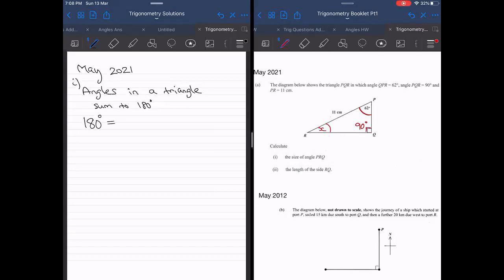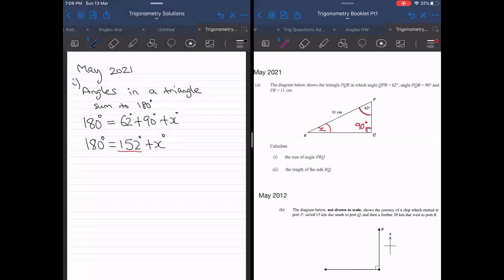So 180 degrees should be 62 plus 90 plus what we're looking for. All right, so 180 degrees is 152 degrees plus x.